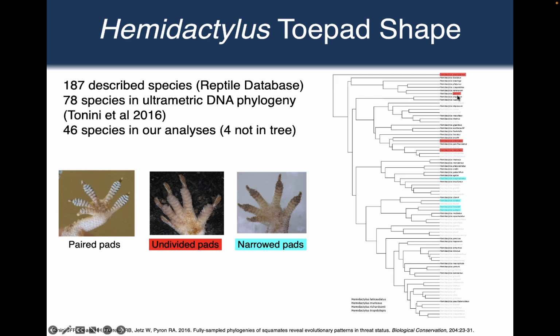Here's Hemidactylus garnodii, which is kind of half divided, half undivided, and some other species that have undivided lamellae. And then we also highlighted species that have narrower pads. They're still divided, but they're really reduced. And so you can see we have a couple of them here. So you can see morphology is kind of variable across the phylogeny. These weren't changes that happened just once. So there's some interesting variation across the group. So we were just interested in quantifying that.